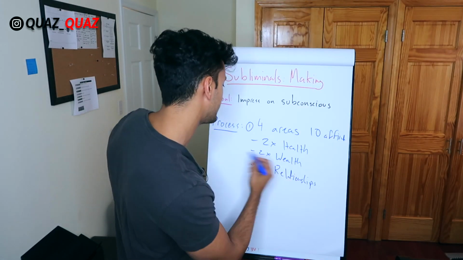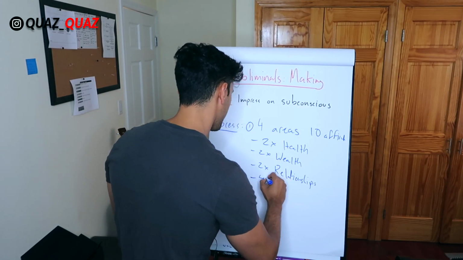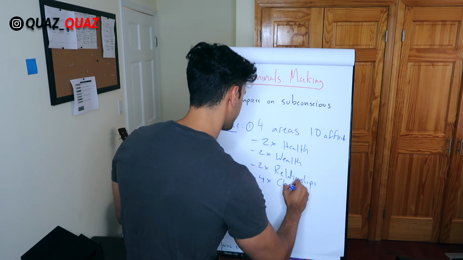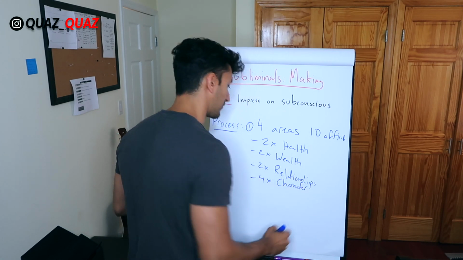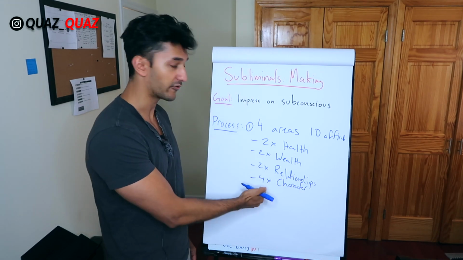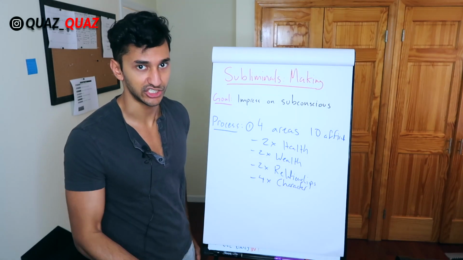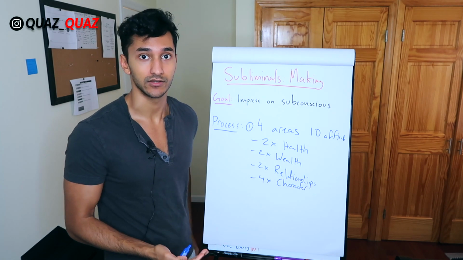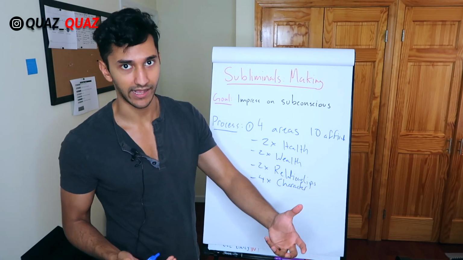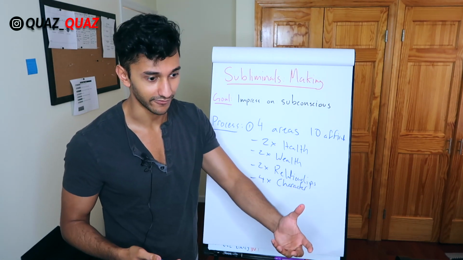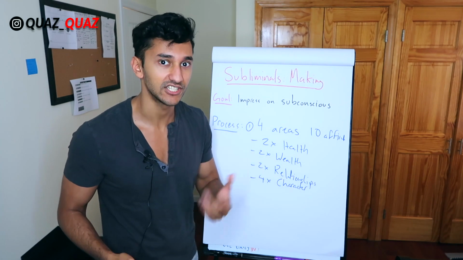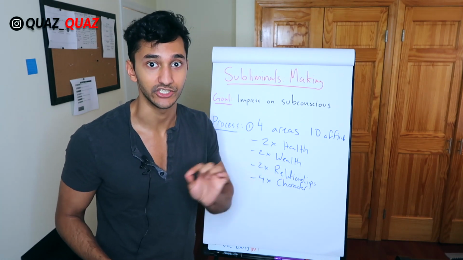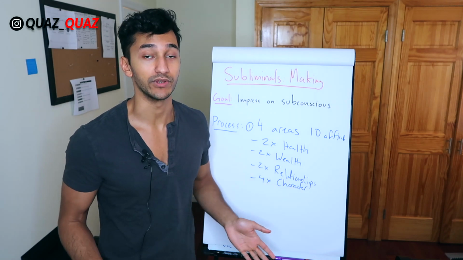Why do we do 4 for character? It's really easy to shape the character. I'm not talking just physical features, but your characteristics, like, I'm attractive, I'm confident, stuff of that nature, changing your personality traits to that of what you need to be.